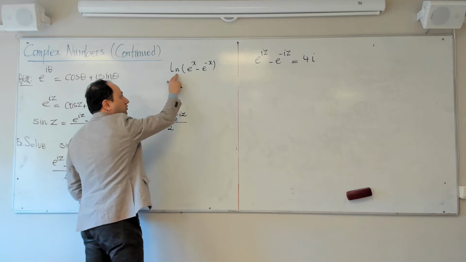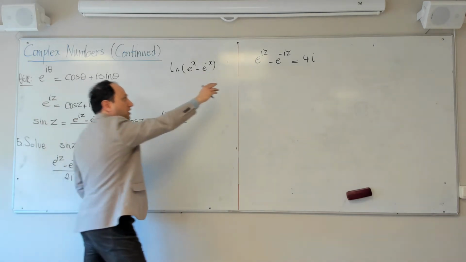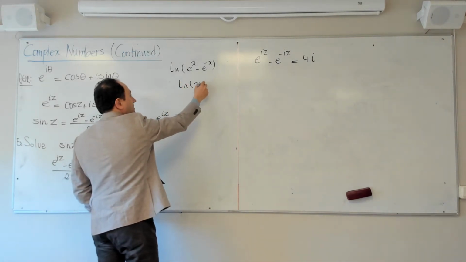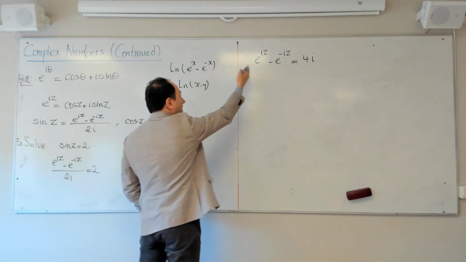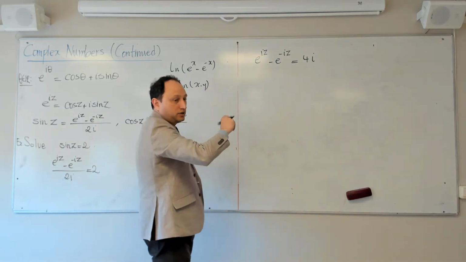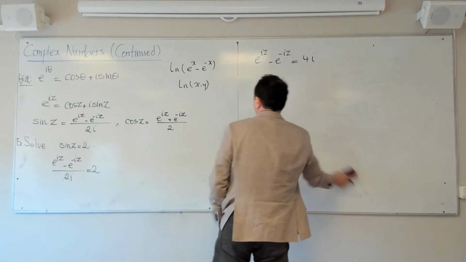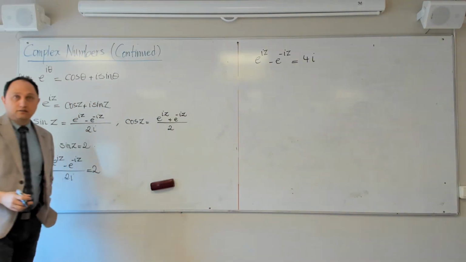Because there is no rule for the ln of the difference of two numbers, yes? If it was a product, yes, maybe it would be good, because ln of, I don't know, x times y, I can write ln of x plus ln of y, but ln doesn't work here. Yes, do you understand, Sander? Yes. So this is why ln is not a good idea. Okay, another guess.